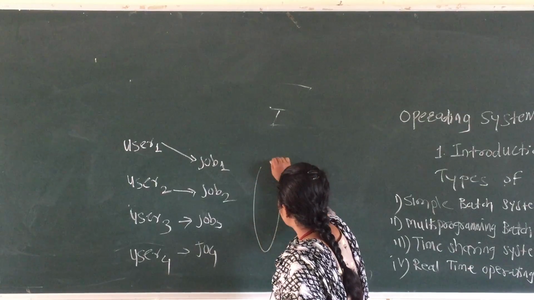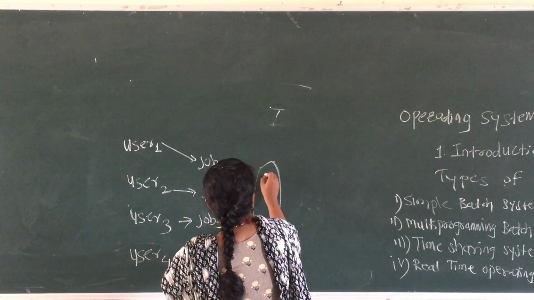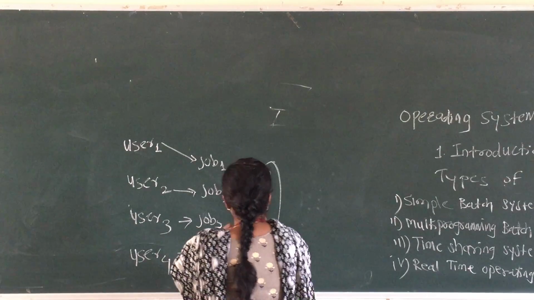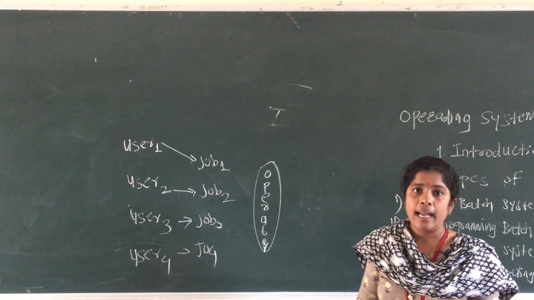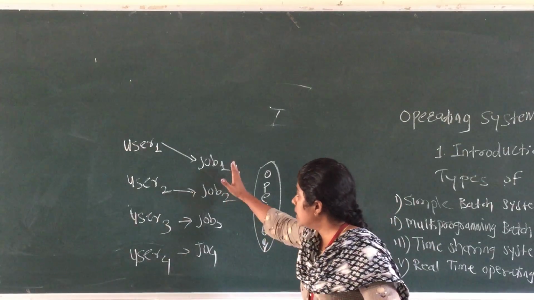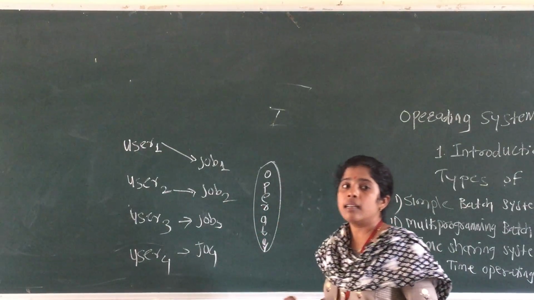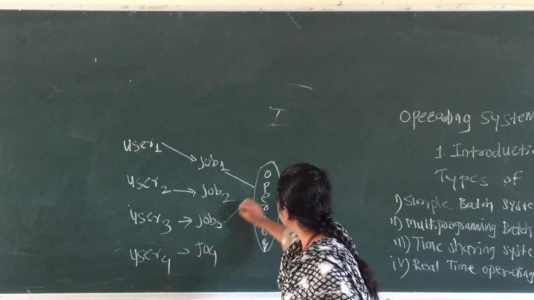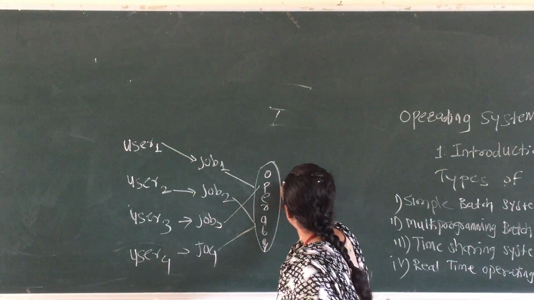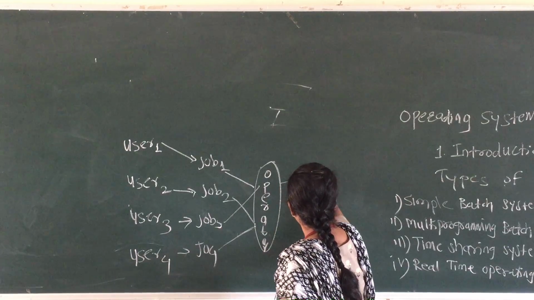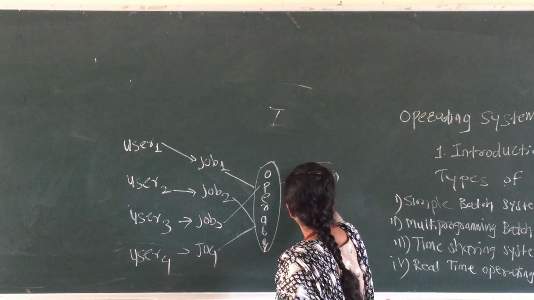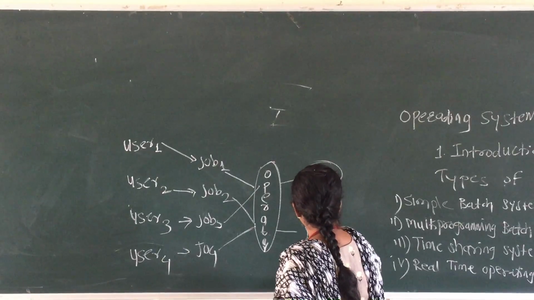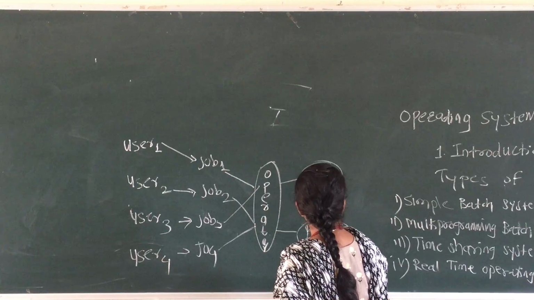So there is the operator that operates on these jobs, sees their requirements and their resources, and combines them into a single batch, batch 1 and batch 2.